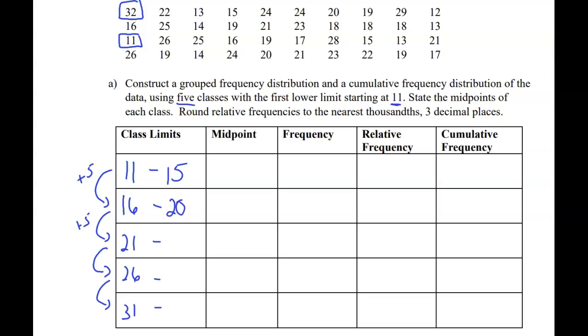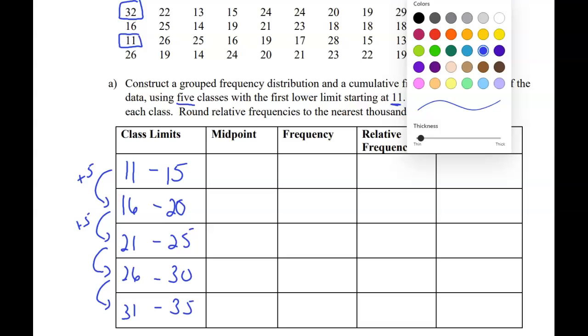Now you'll notice, what's the difference between your upper class limits? Well, it should be the same as your lower class limits. It's 5. So I should be able to just say 25, 30, and 35. Once I find one upper limit, I should be able to just add that class width down.